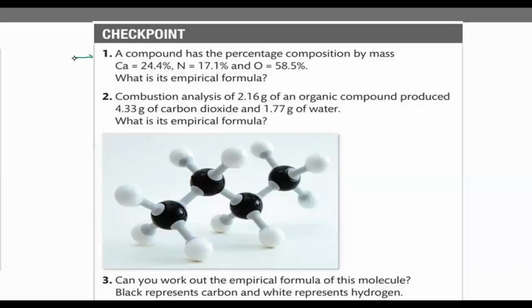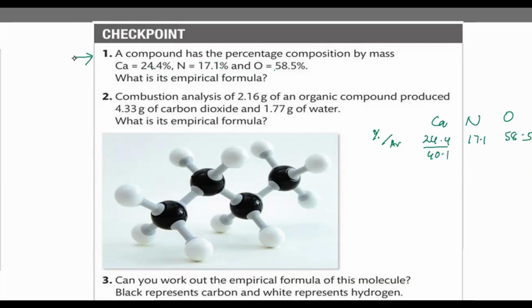Now, question number one, you can easily do it. They have given you the percentages. So you will make three columns: calcium, nitrogen, and oxygen. You'll place the percentages: 24.4, nitrogen is 17.1, oxygen is 58.5. Then you'll divide the percentages by AR, with values from the periodic table.